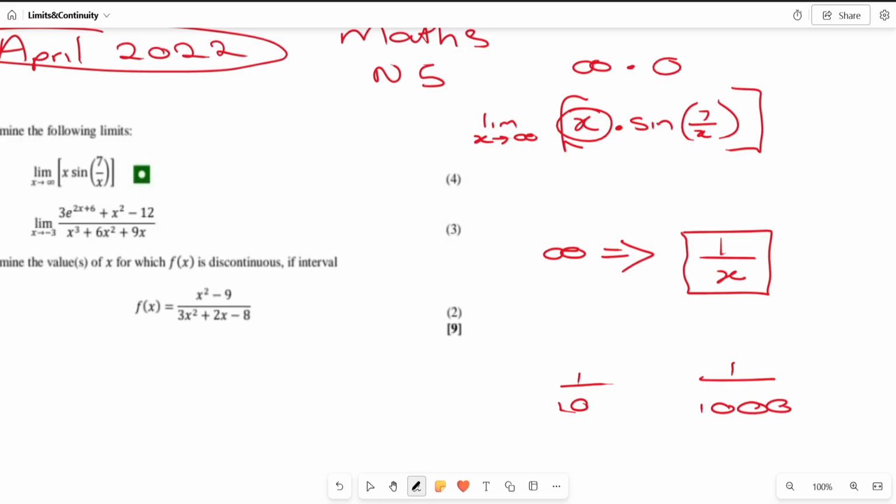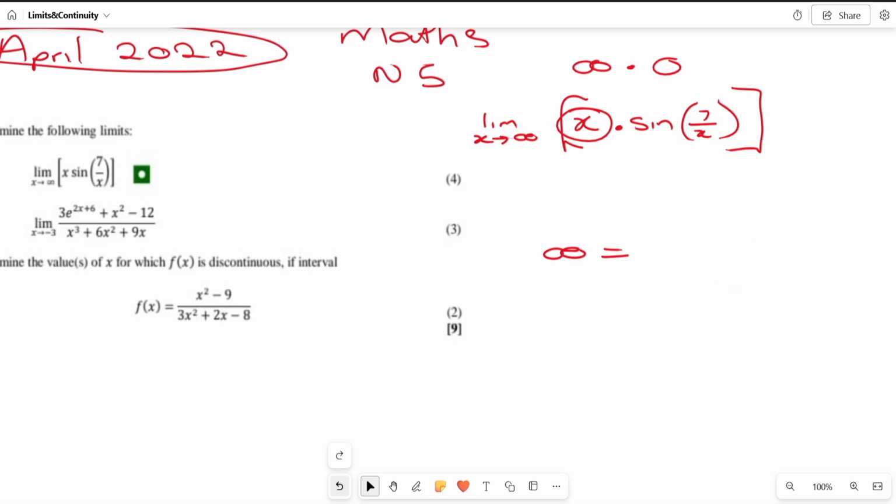Now imagine if that is infinity, it becomes very, very, very small, right? So that is what I'm saying. Multiplying by a very big number is the same as dividing by a very small number. Okay, so by dividing sine 7 over x by 1 over x, 1 over x is almost the same as saying 0, but very small.